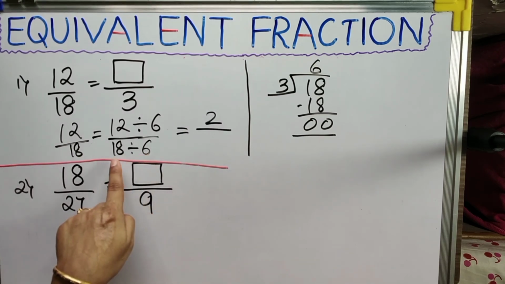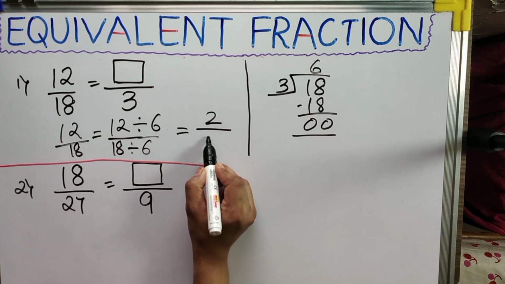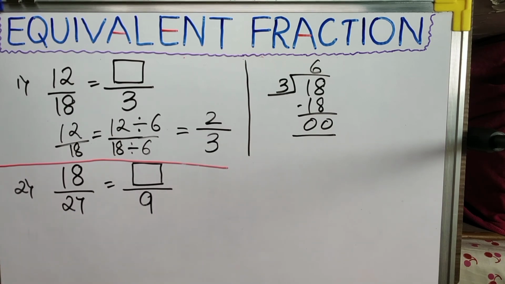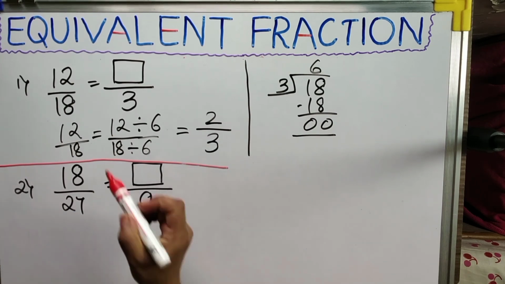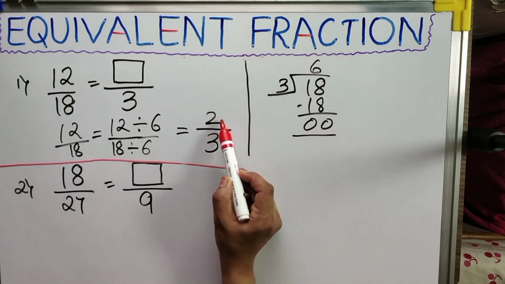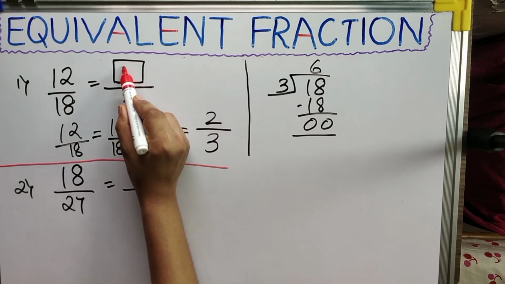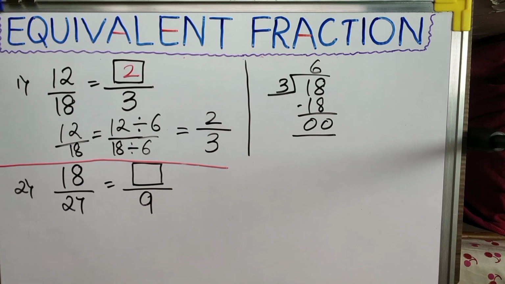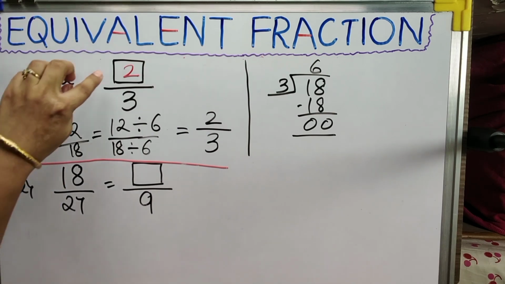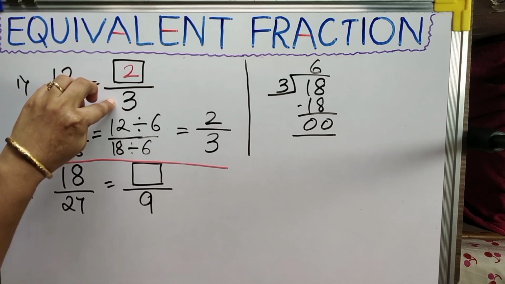And here 6 3s are 18, so 3. So the answer here would be 12 upon 18 is equal to 2 upon 3. So we made the fraction 12 upon 18 equivalent to 2 upon 3.